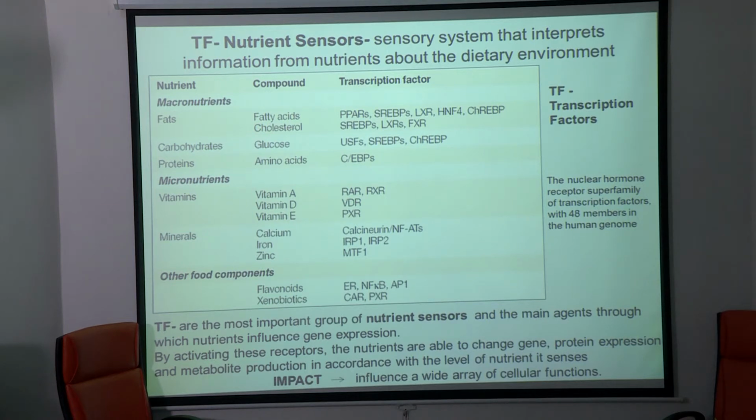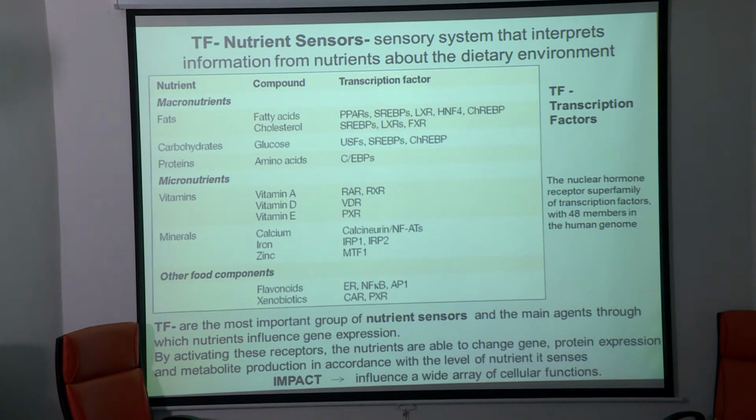They are an important group of nutrient sensors. And if you see carefully, there are various kinds of macro and micro nutrients and other food components. Amongst them, these are examples under those categories. And just see, these are the transcription factors which are dedicated to responding to fat, carbohydrates, proteins, vitamins or minerals.